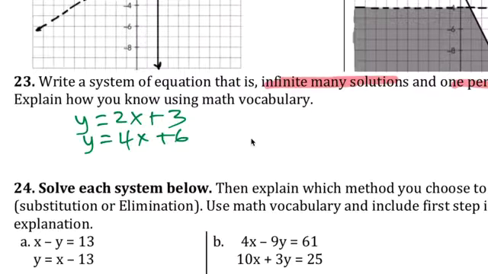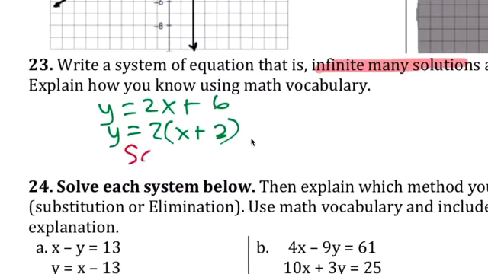If I wanted 3 here, this needs to change to 6. Looks different, but same thing, right? Same slope and y-intercept. Infinite solution.